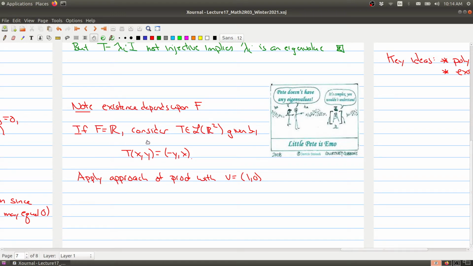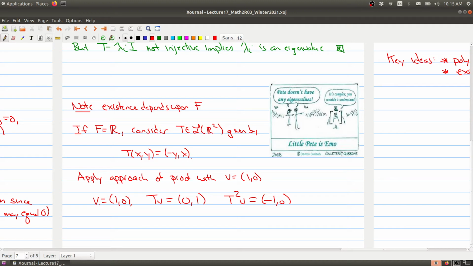Because if we took the real numbers and we considered the linear operator T on R^2 that takes the pair (x, y) and sends it to (-y, x), and if we apply the approach of the above proof with the vector v = (1, 0), we would first get the vector v is (1, 0), Tv is (0, 1), and T squared v is equal to (-1, 0).